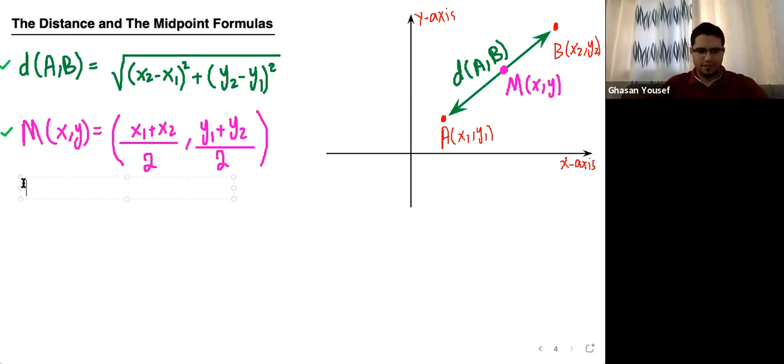So my example now. I prefer to do the example in the back because it needs more space.